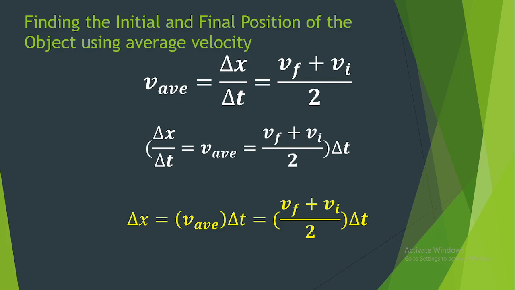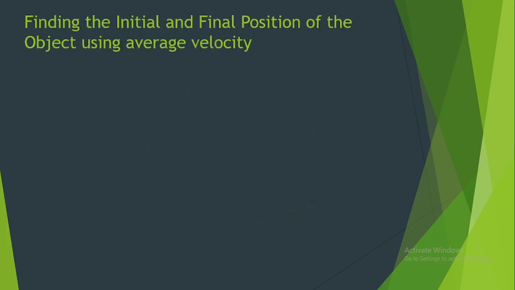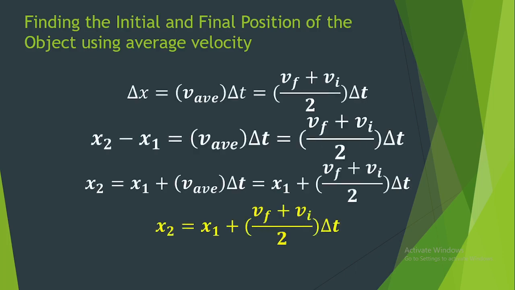And since delta x is equal to x sub 2 minus x sub 1, we equate it to the quantity of final velocity plus initial velocity divided by 2 times the quantity of delta t. Finally, we add x sub 1 to the left-hand side and right-hand side of the equation, thereby giving x sub 2 is equal to x sub 1 plus the quantity of final velocity plus initial velocity divided by 2 times the quantity of delta t. This is our equation 4.